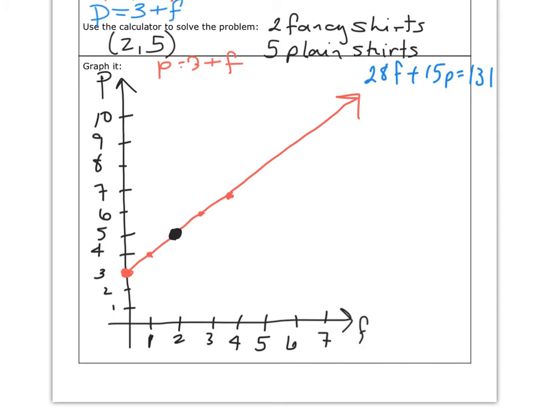So let's try that. First, if I want the p-value, what has to be 0? F. So I want to know if I buy just the plain shirts and I spend $131, how many did I buy? So 28 times 0 plus 15p equals 131. 28 times 0 is 0, so that's 15p equals 131.